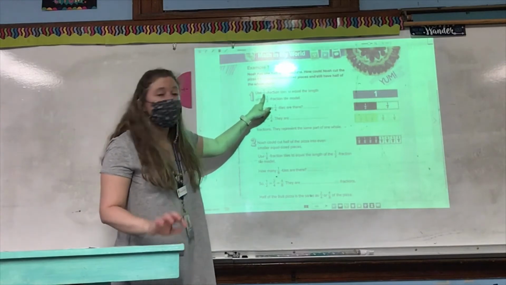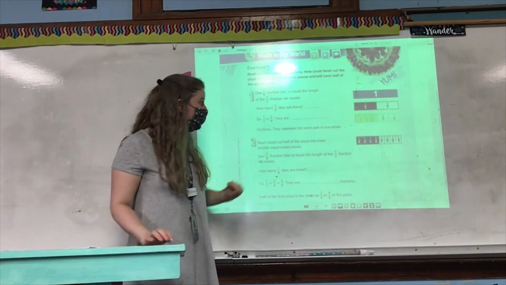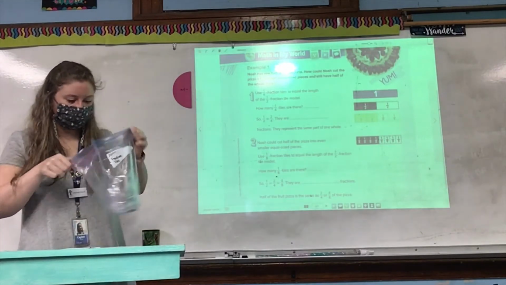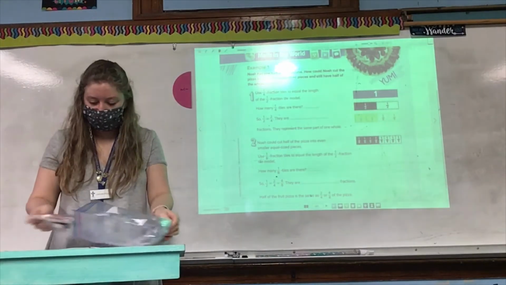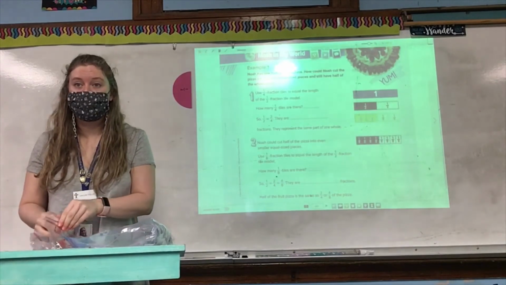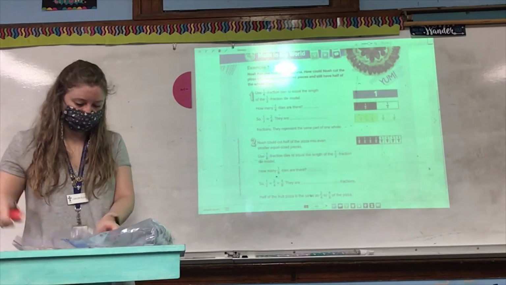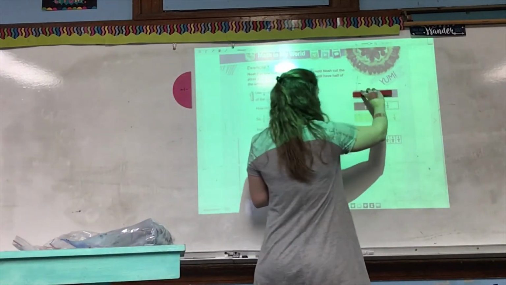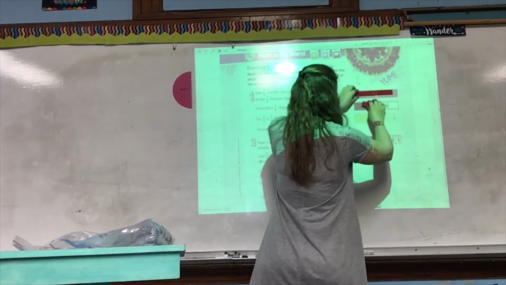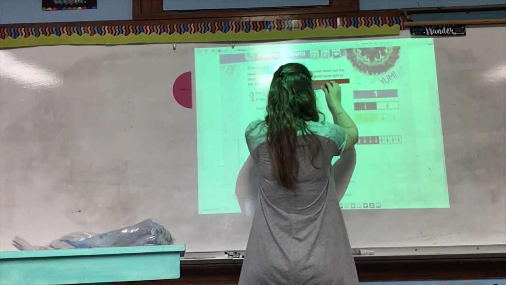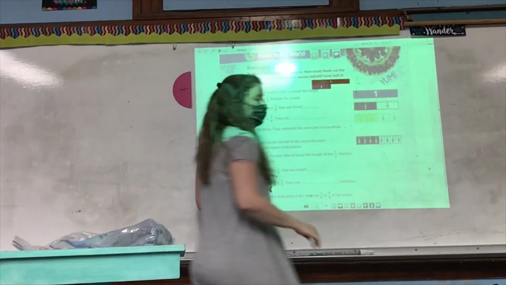Noah used 1/4 fraction tiles, and he just started moving them up. He started moving them until he got the same amount of 1/4 tiles as that 1/2 took up. So, he started with 1. Let's put it here, actually. And then he modeled his half of a fruit pizza.